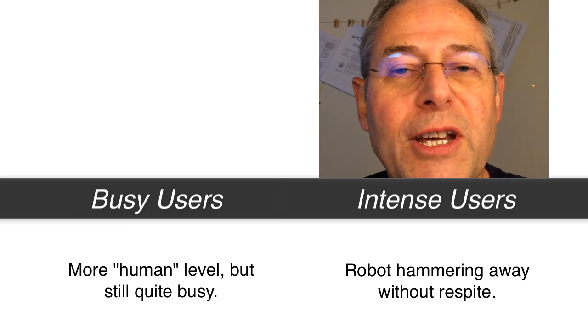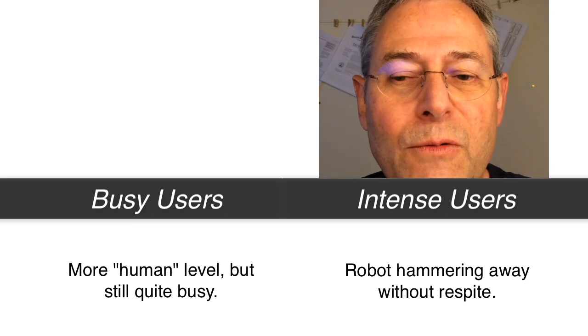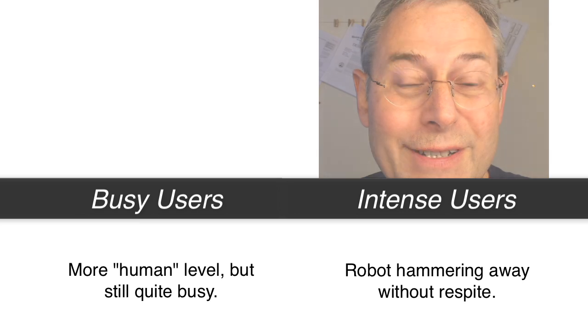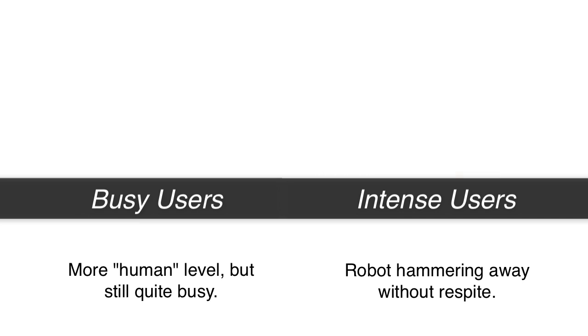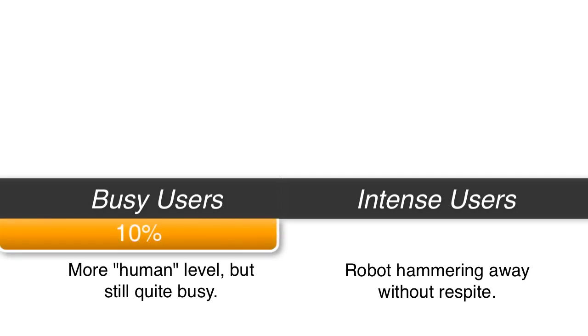So a normal combination of users in most offices would be a proportion of busy users, maybe 10%, maybe a third, probably not much more than that, while many other users are relatively inactive because they're making new records sometimes, but a lot of the time they're just browsing information, looking at it, doing other things, because of course in most offices, although your FileMaker system is really important, you're not actually hammering on it the whole time.